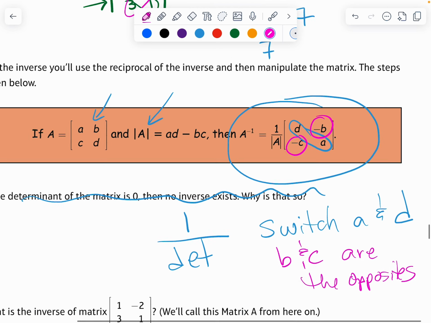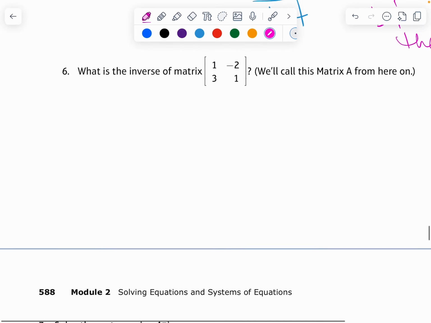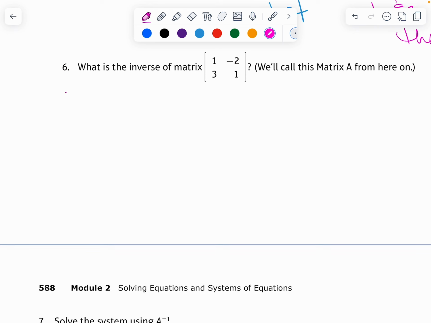So 7 was our determinant, so we do 1 over 7. Then we take this matrix right here, these two switch. Well, that's easy, 1 and 1. Then these two right here, you do the opposites. So this is 2, this is -3.